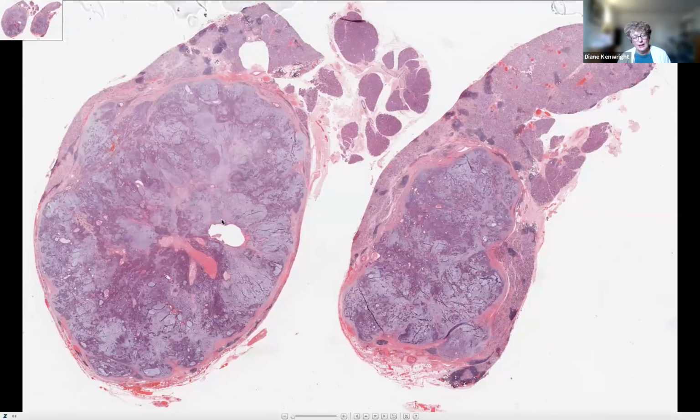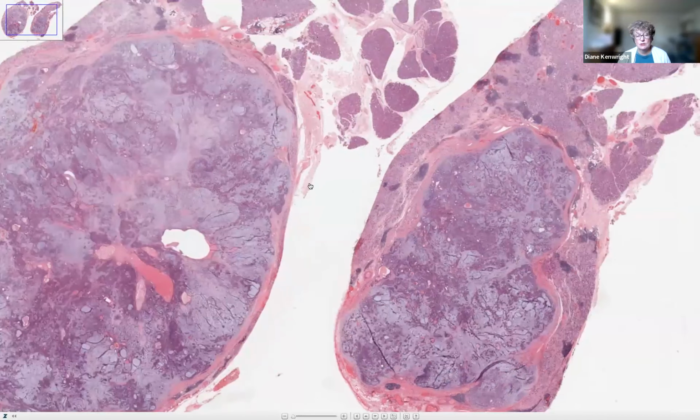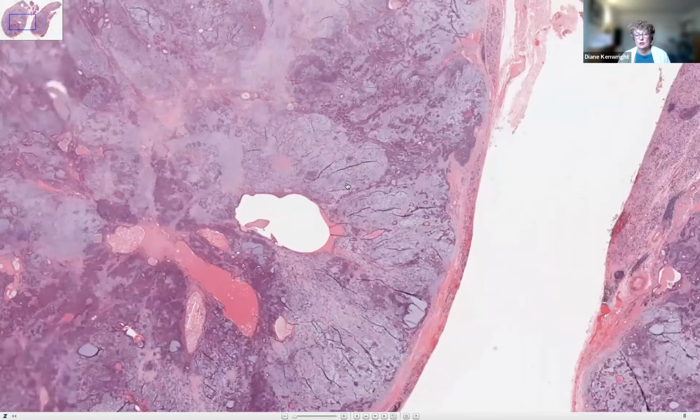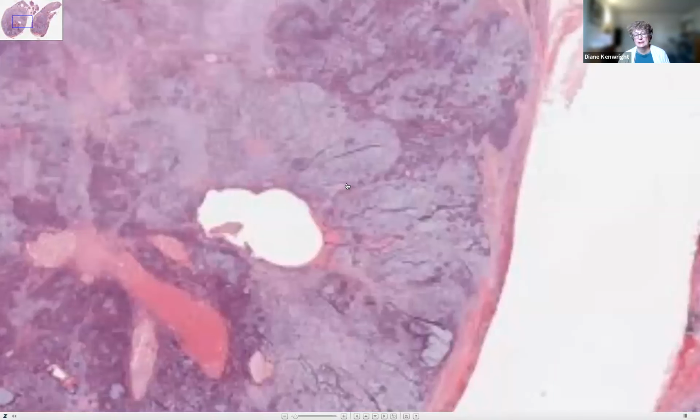Clue number one. And you can see that there's quite a lot of stroma, isn't there? Blue stroma. Kind of bluey myxoidy stroma. So what does myxoid mean? It means it's got lots of mucopolysaccharides in it. Just like cartilage.